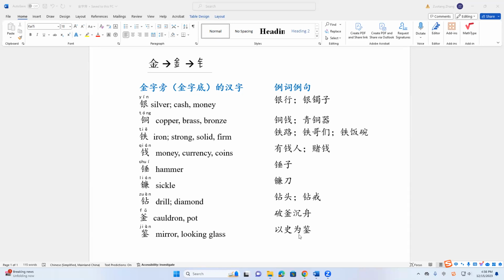Last one, 以史为鉴. 鉴, the English meaning is put right here. In ancient times, we did not have glass yet, so people polished bronze and used it as a mirror.